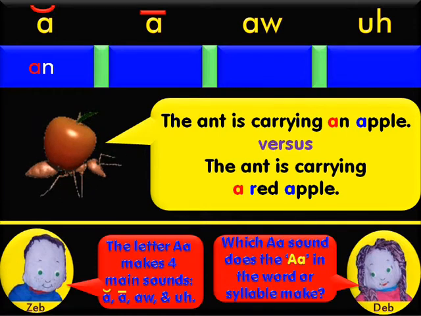The ant is carrying an apple. Apple begins with A, so we used an instead of a. Versus the second sentence that says, the ant is carrying a red apple. Since red begins with a consonant, we're using a instead of an.